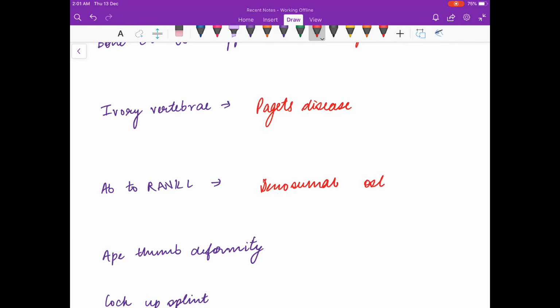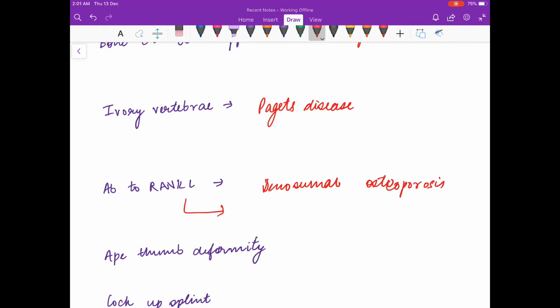It is used in osteoporosis. What kind of vertebrae we get in osteoporosis? Fish mouth shaped vertebra. The vertebrae are concave in osteoporosis.